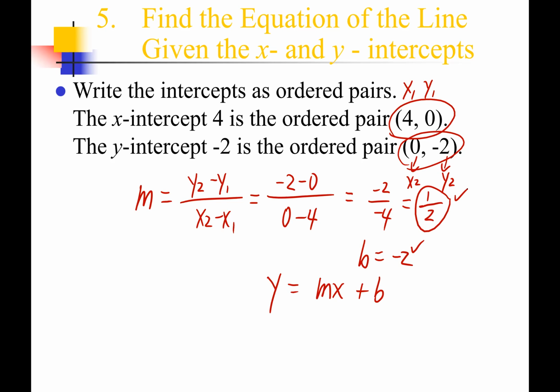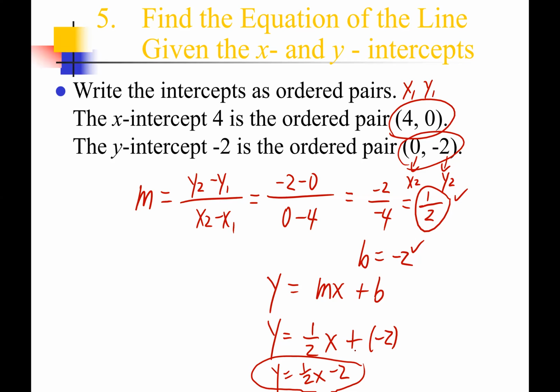Slope and the y-intercept thrown into the equation, we get half x adding negative 2. And once you simplify, you get y equal to half x minus 2. Okay, so that's how you come up with the equation of the line given the x- and y-intercepts.